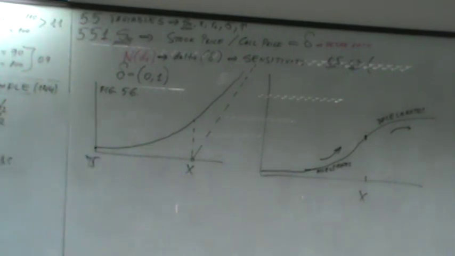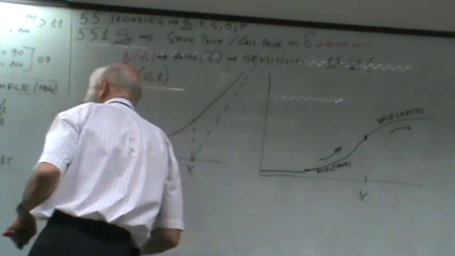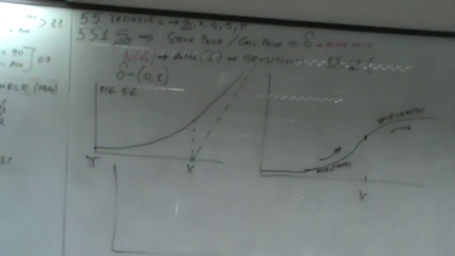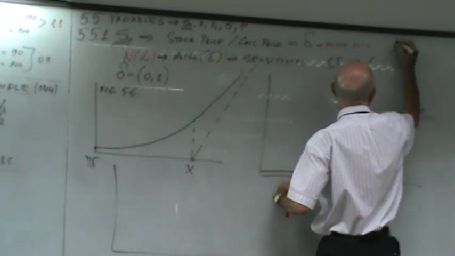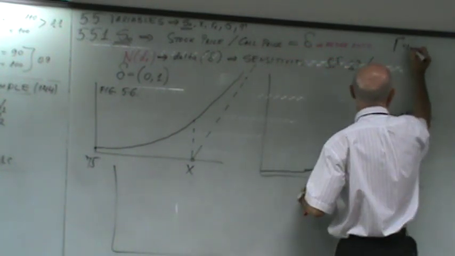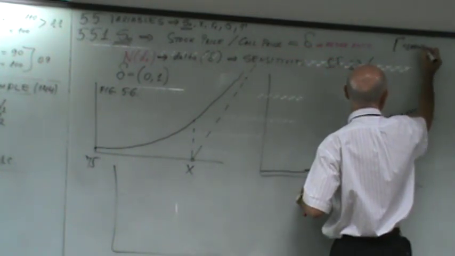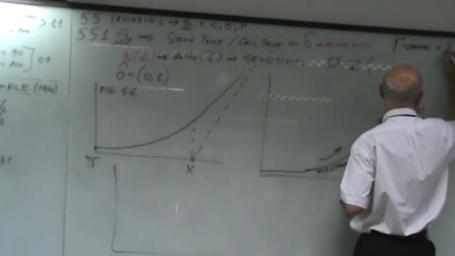And now we're coming to the next major concept, and that's the concept of gamma. Gamma, which we can sometimes write as the big G, is simply defined as the change in delta.